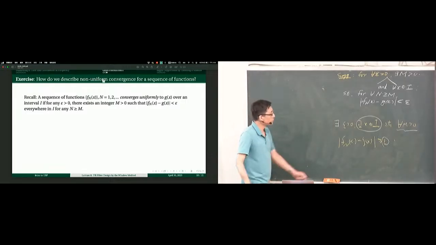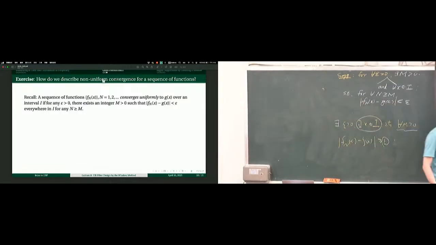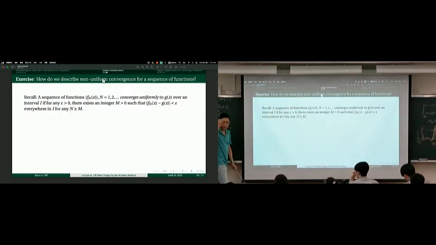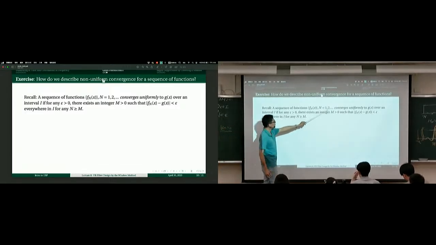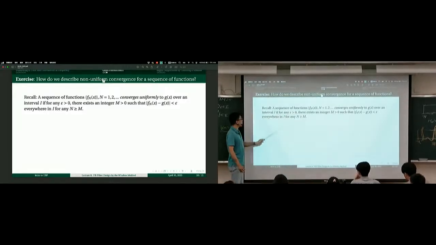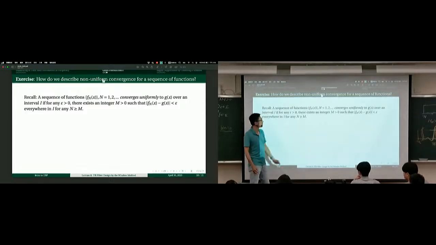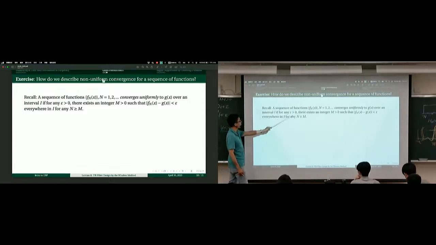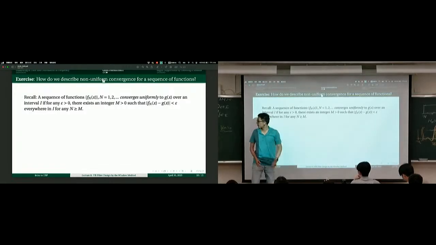That means this does not hold, or the stronger condition does not hold. So therefore, let me clear my mind. A sequence of functions converges non-uniformly to g if for some epsilon greater than 0, and any given m, however large m is, we can find some x in the interval such that the error is greater than epsilon.